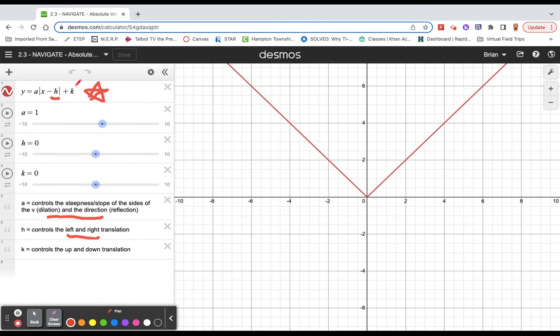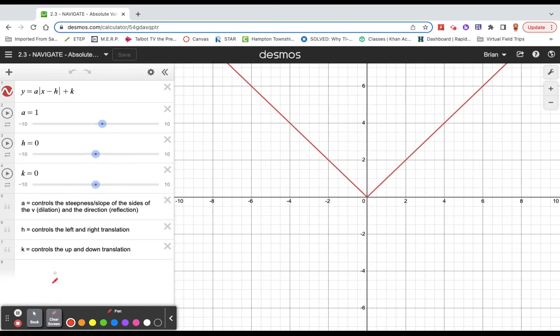We can also control the number at the end of the function being added or subtracted, and that's going to control how the graph moves up and down. As we adjust a, h, and k, we will adjust the placement of the absolute value function, moving it into different spots as needed and as necessary.